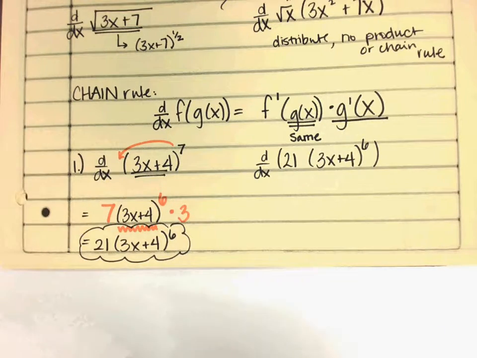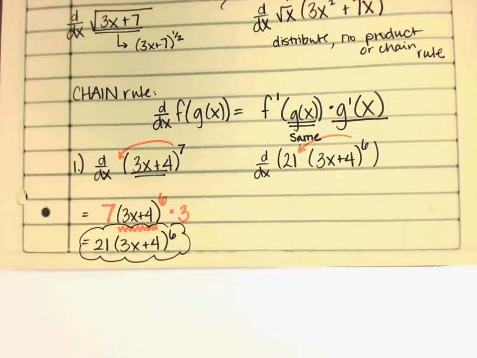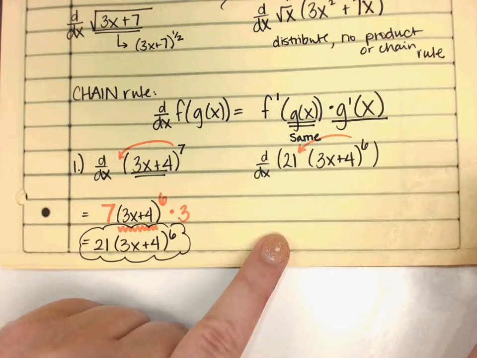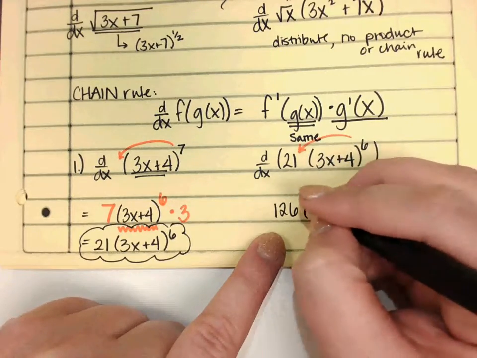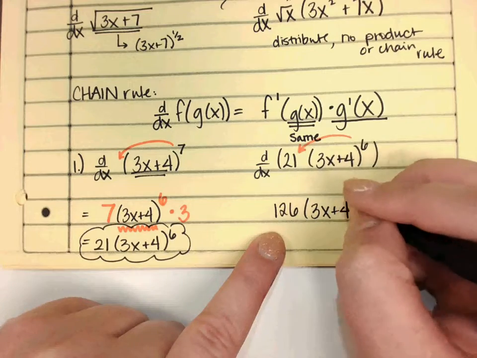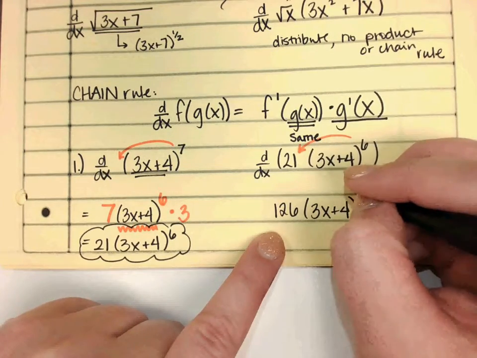I'm going to take the 6, I'm going to times it down on the 21. What is my number in the front going to be? 126, yeah? Just do 6 times 2 would be 120, and then 1 times 6. So 126. What is the new power on 3x plus 4? It was to the 6, I take away 1, now it's to the 5.